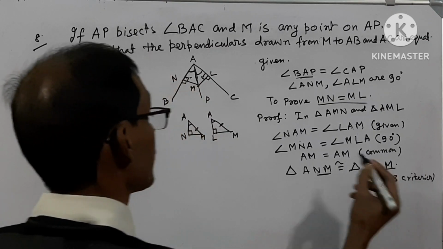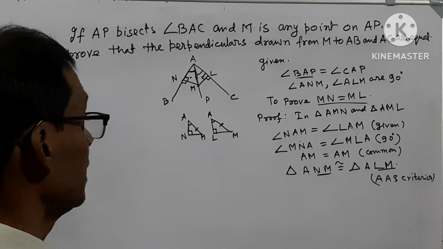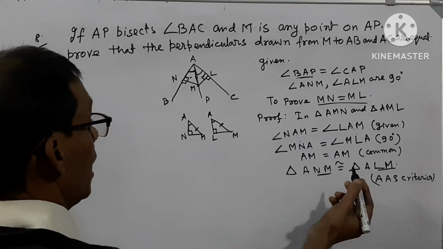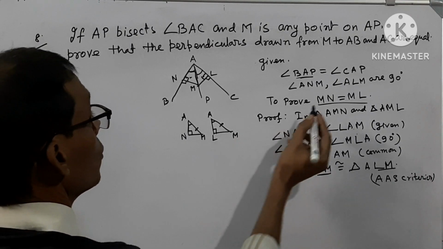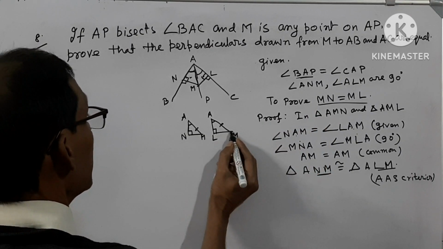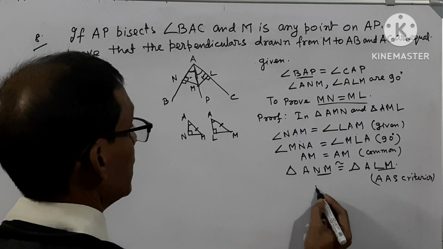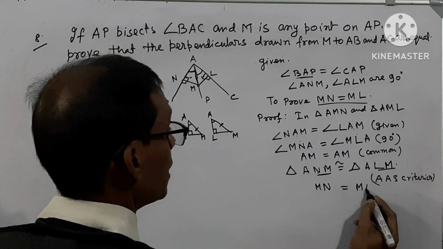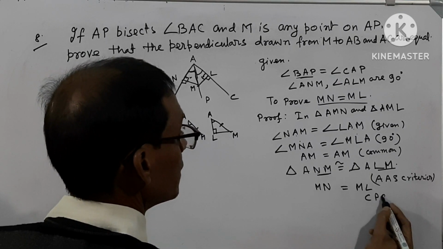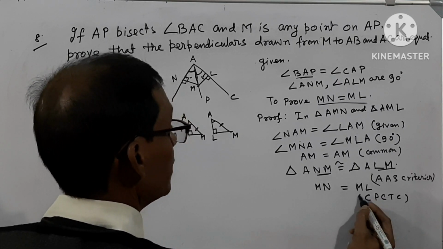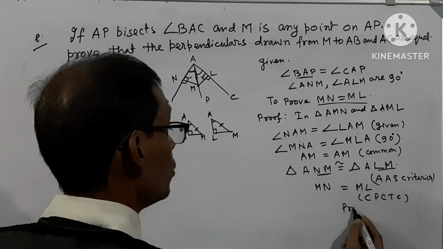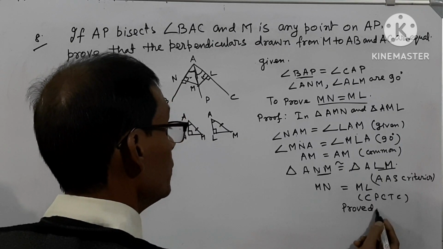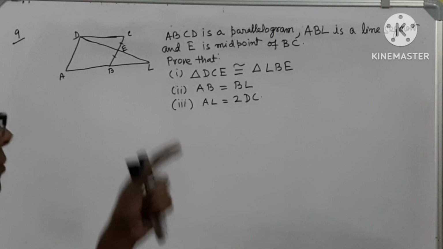So triangles ANM and ALM are congruent, so MN and ML are equal. MN will be equal to ML by CPCTC, and this is the thing you have to prove, and it is proved. So here it goes.